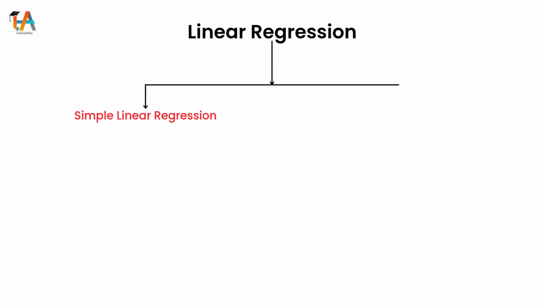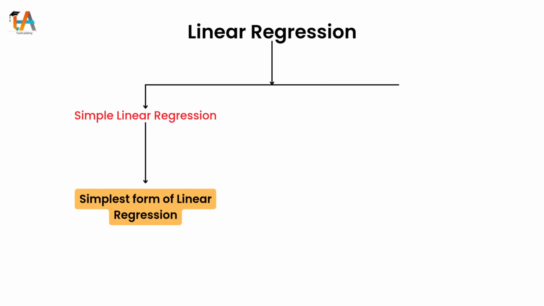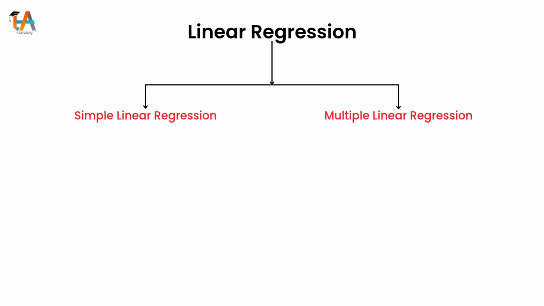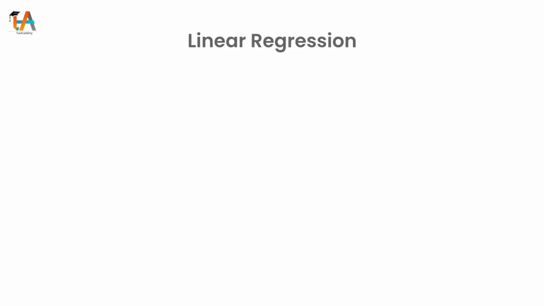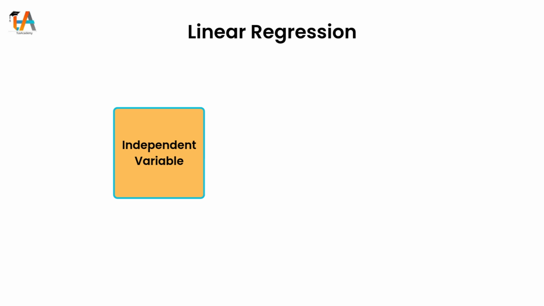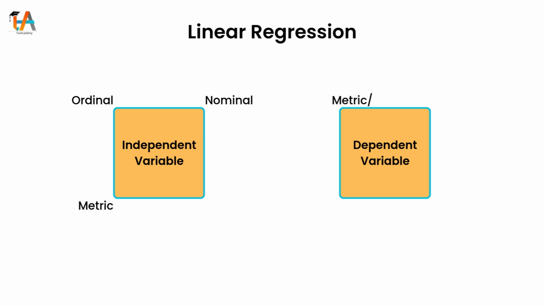In this video, we will understand linear regression using simple linear regression, as this is the simplest form of linear regression. You can then easily understand multiple linear regression by generalizing the concept of simple linear regression to multiple linear regression. In linear regression, the independent variable can be of ordinal, nominal, or metric type. But the dependent variable should be metric or continuous.